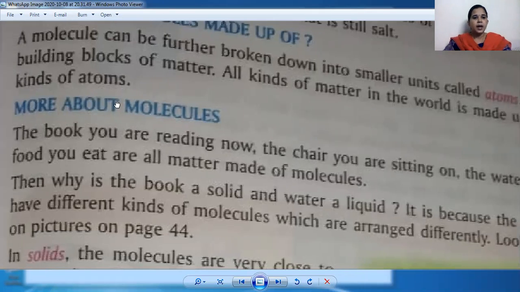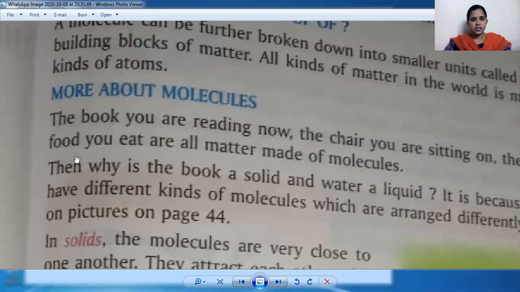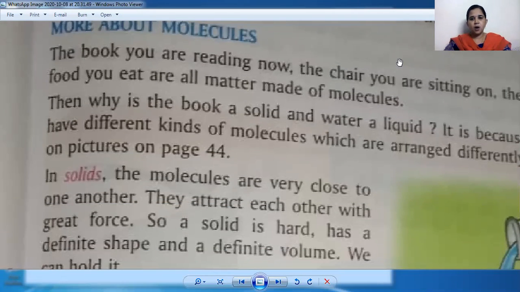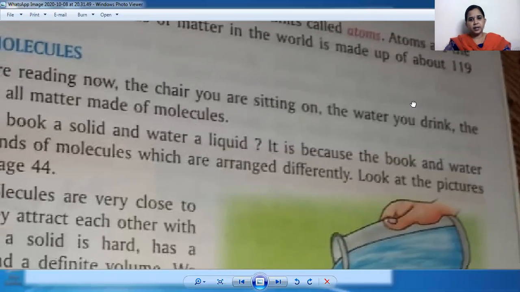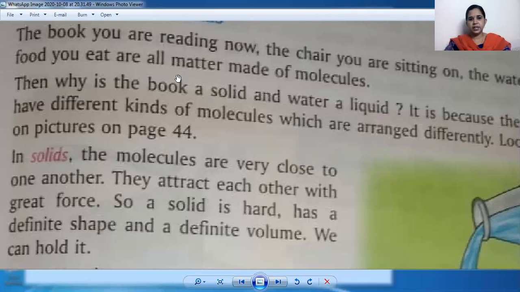More about molecules. The book you are reading now, the chair you are sitting on, the water you drink, and the food you eat are all matter made up of molecules. As we said, molecules are involved in each and everything.